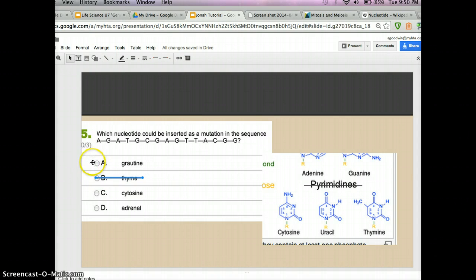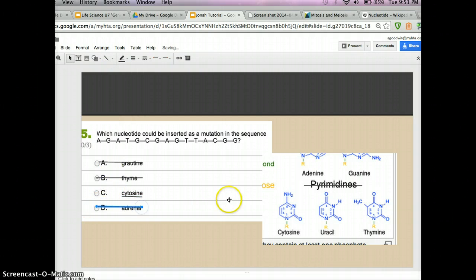Neither is grautine, but it sure looks a lot like guanine. Thyme looks a lot like thymine. If we look at cytosine here, that's the one that's an actual nucleotide. So they actually play kind of a dirty trick on you here. They say adrenal, but that's not even the name of a nucleotide.